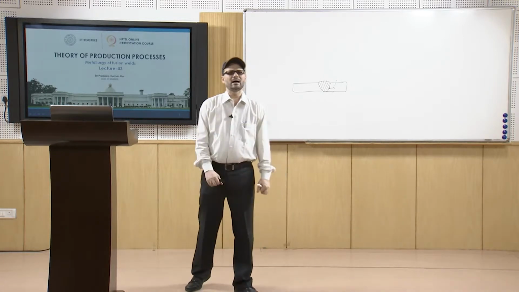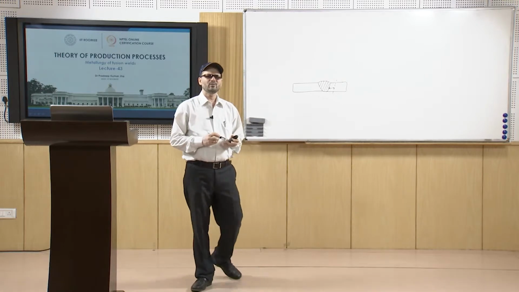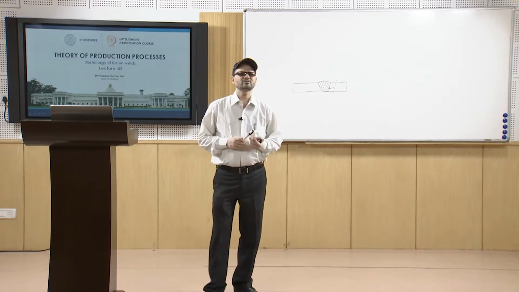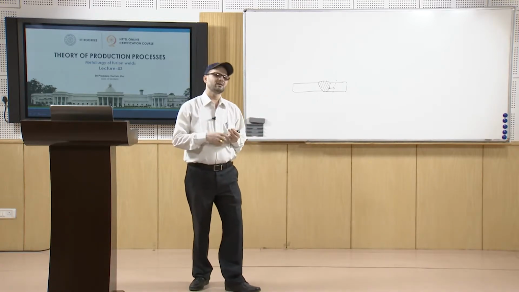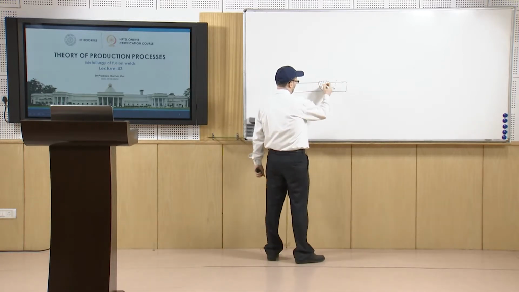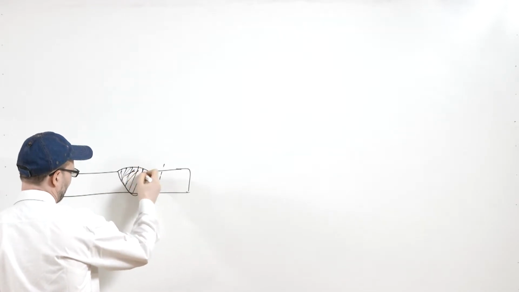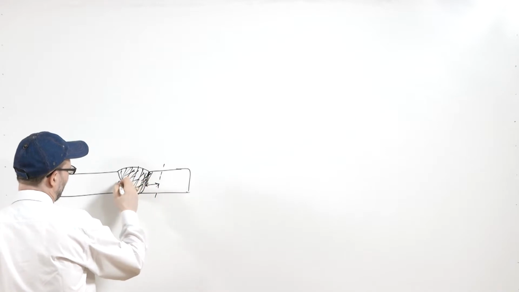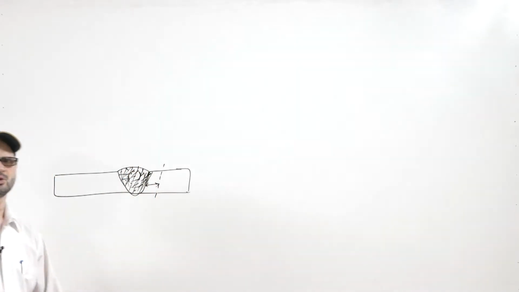The weld metal zone is formed by a weld pool itself, by melting of a part of the parent material plus additional material. Here you have the filler material, as well as some part of the parent material that is also melted. So, that is your weld metal zone.